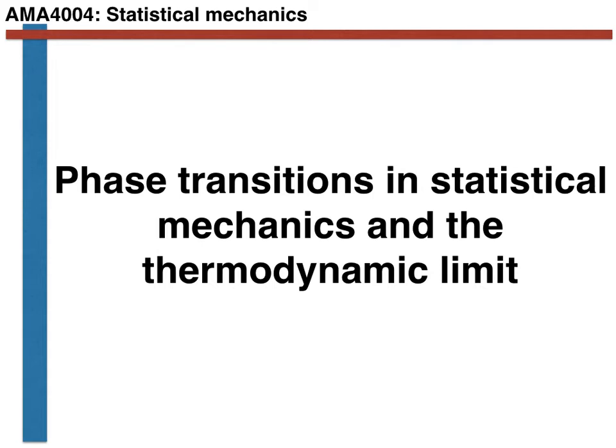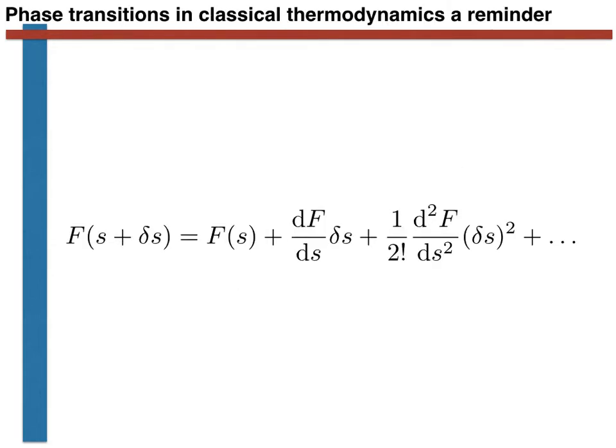Before we get on to this business of the 1D Ising model, though, let's just briefly revise what we have learnt about phase transitions when we were studying classical thermodynamics. If you remember my previous videos on phase transitions, the final result we arrived at involved the Taylor series expansion of thermodynamic potentials.